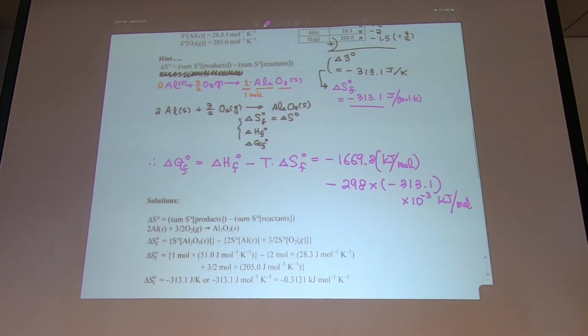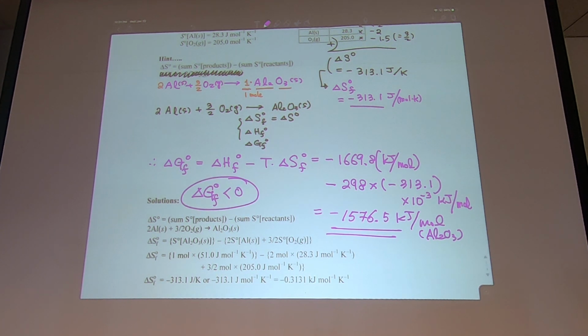So therefore, what you get here is minus 1576.55 kilojoule per mole of Al2O3. So that's the answer. So delta G formation here is negative, right?